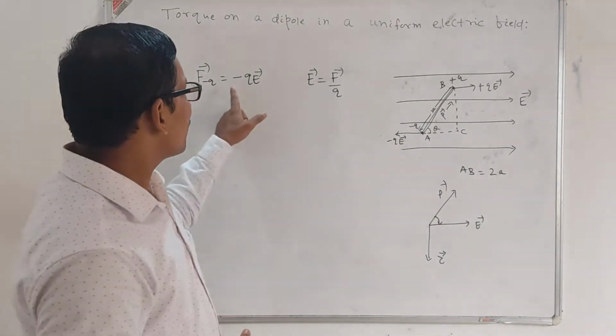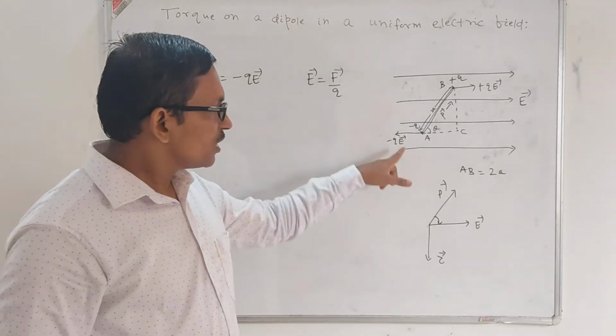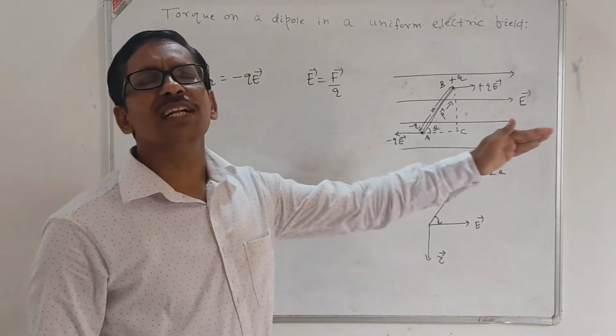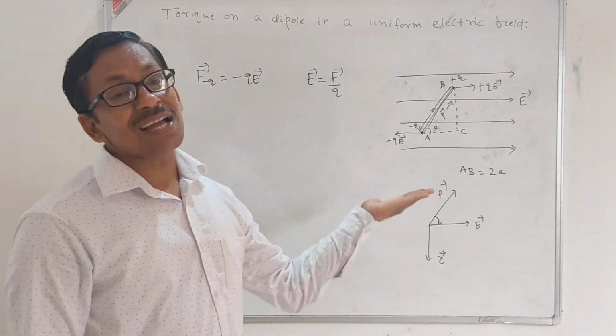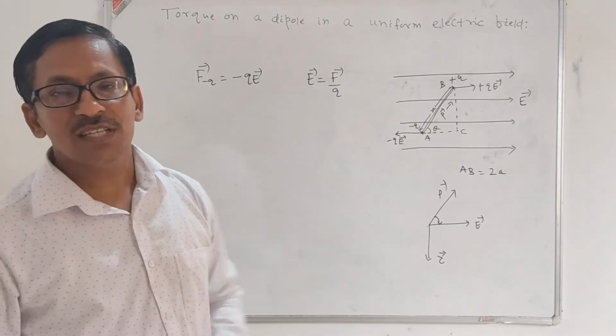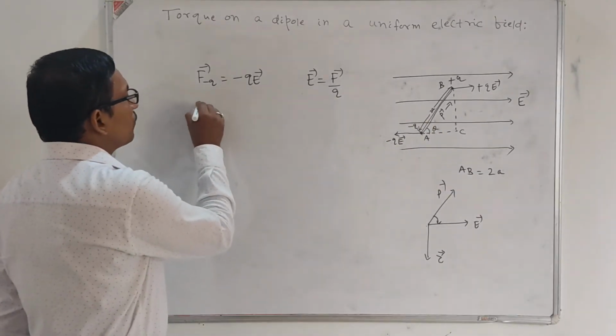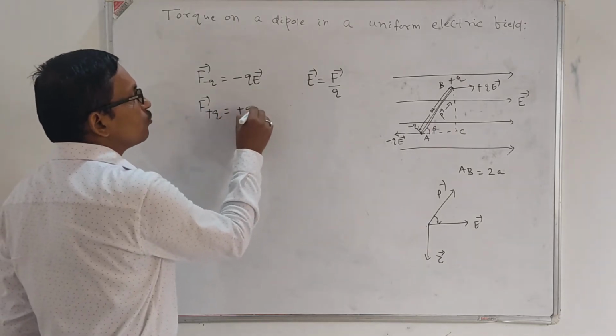So the force on charge minus q is minus qE, and you see it is opposite to the direction of electric field because it is a negative charge, and a positive charge will experience a force along the direction of the applied electric field. Then what is the force on plus q? So force on plus q is equal to plus qE.